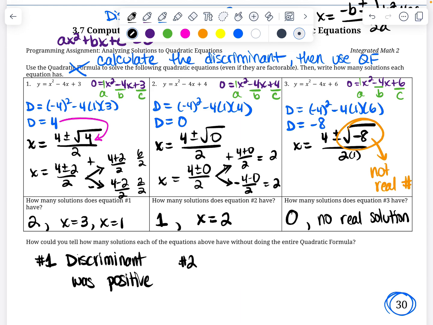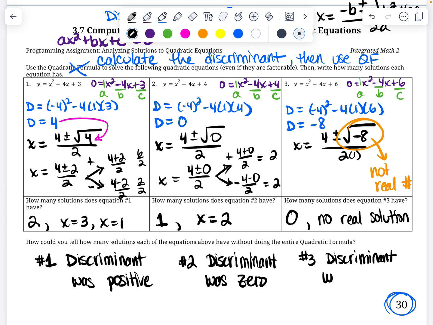In number 2, the discriminant was 0. And in number 3, the discriminant was negative. It doesn't matter what negative number it was, but here, I'm going to highlight this for you.